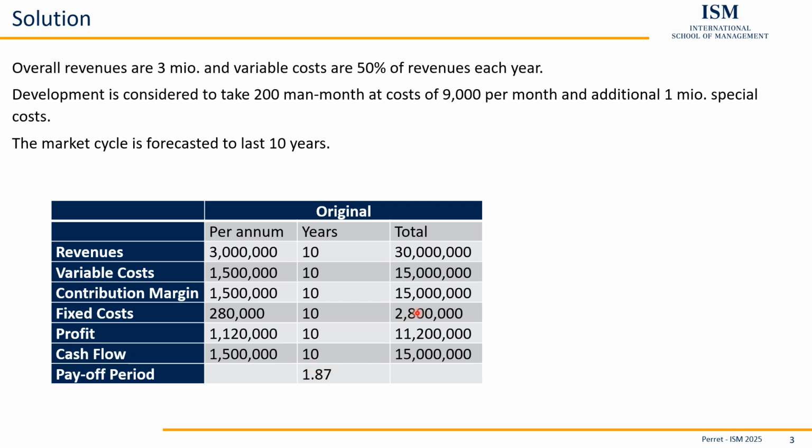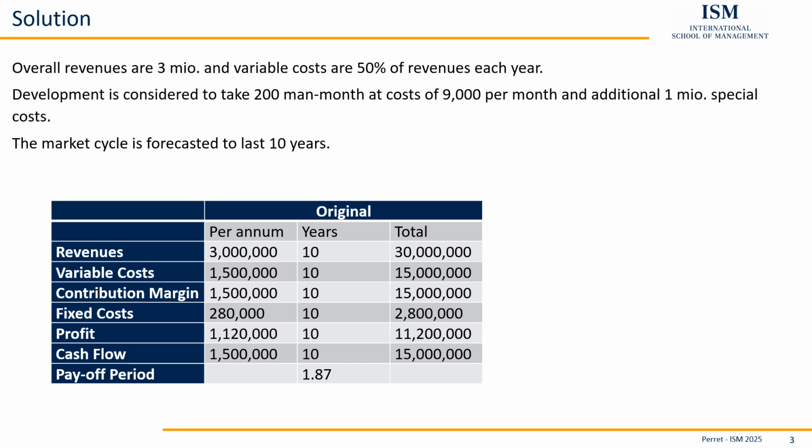For this, I'm simply taking the fixed costs and dividing them by the cash flow. If I do this, I will get here a value of 1.87, so around 1.9 years, which it takes to pay off the whole development costs. Well, so far for this first original product.